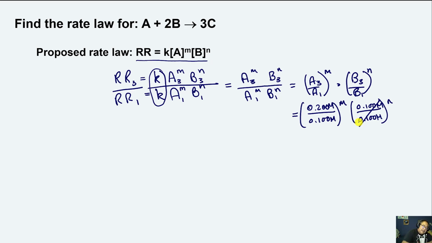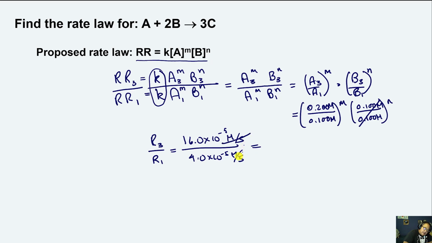Now, when we put the other side of the equation, there's R3 over R1. Then what we have is R3 over R1, that was equal to 16.0 times 10 to the minus fifth molarity units per second divided by 4.0 times 10 to the minus fifth molarity units per second.